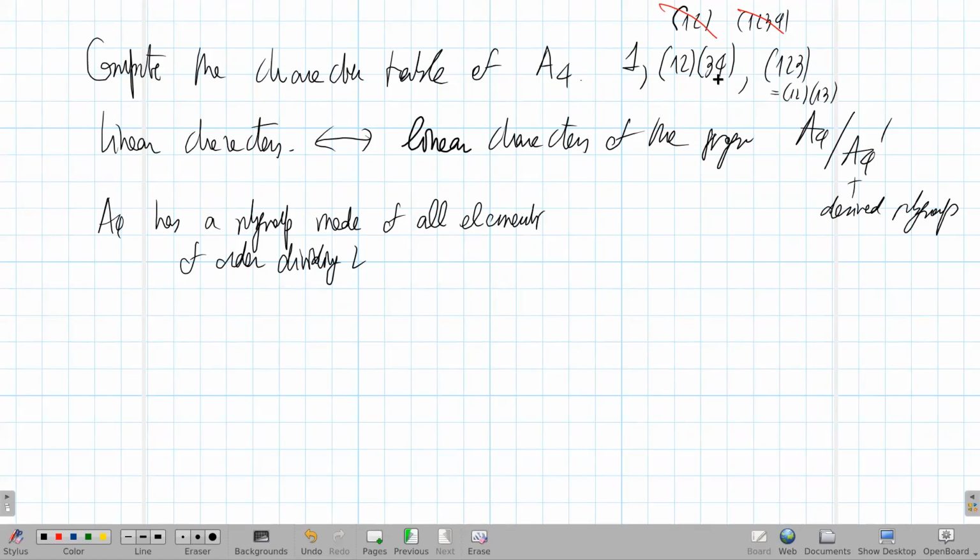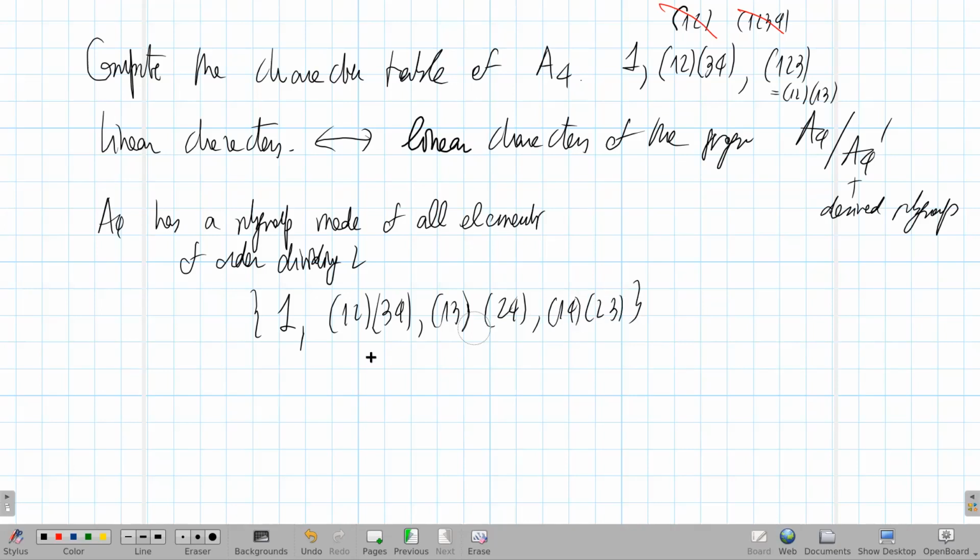How many of these elements do you have? Well, let's write them. First I write the identity, then (1 2)(3 4). Essentially, you choose the first 2 and the other follows.